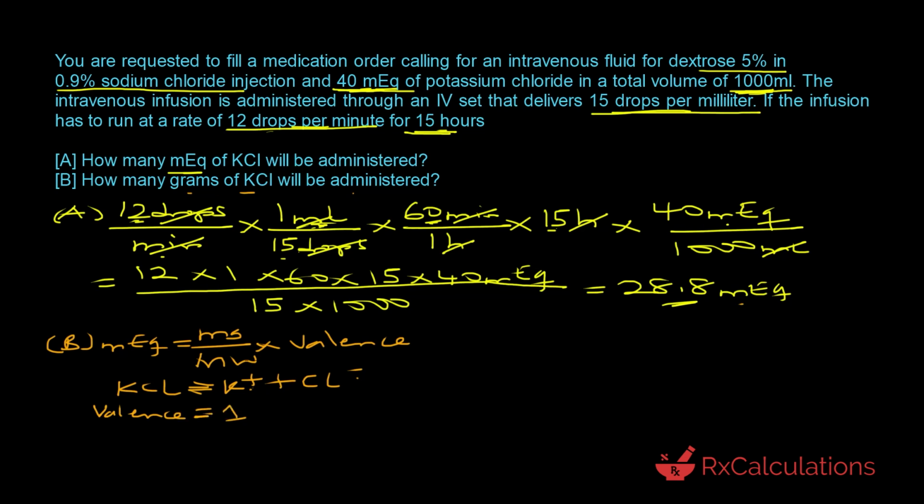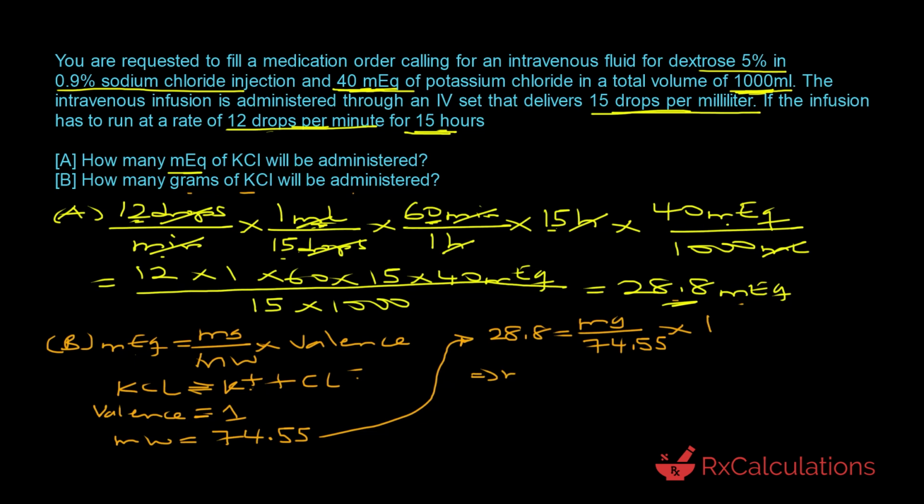Another thing that we need is the molecular weight. So molecular weight of potassium chloride is 74.55. And so now we can substitute these values into the equation, and the milliequivalents we are interested in is 28.8. So we have 28.8 equals amount in milligrams divided by 74.55 times the valence, which is 1.